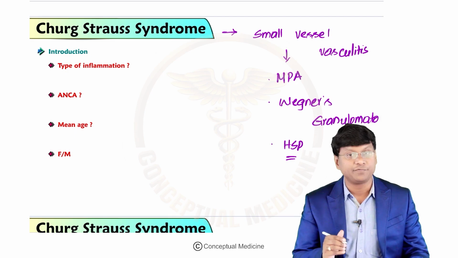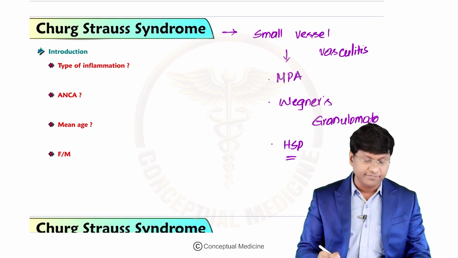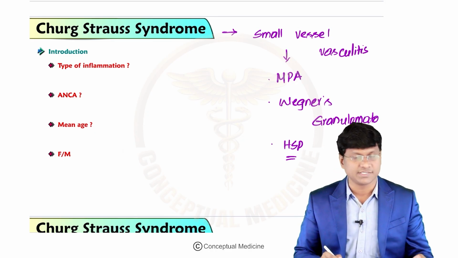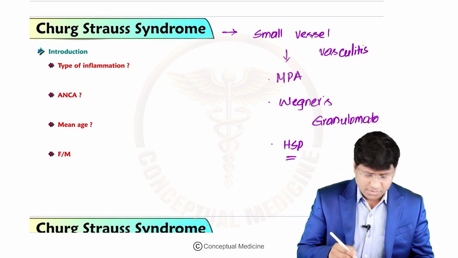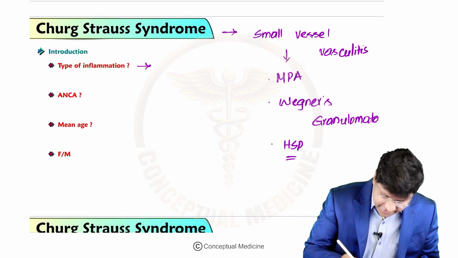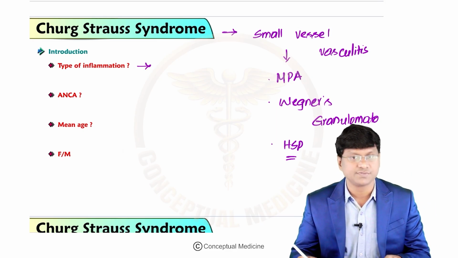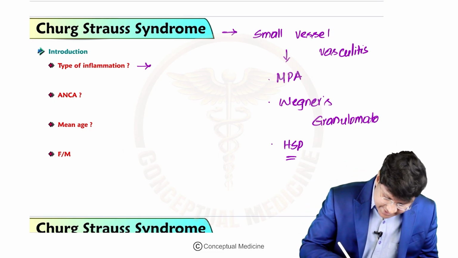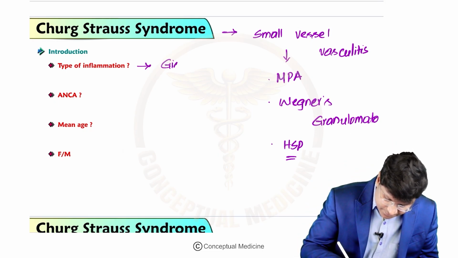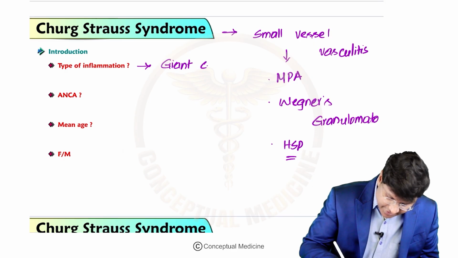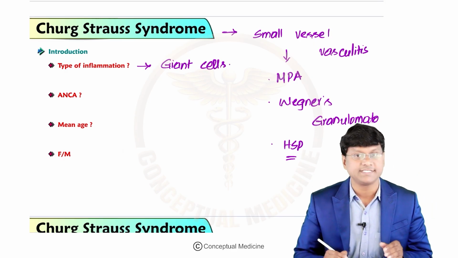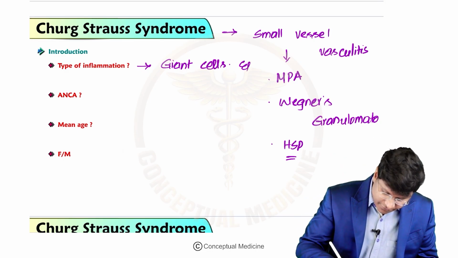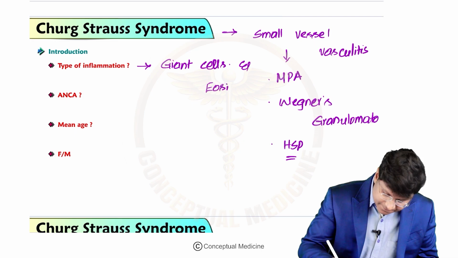And what is the type of inflammation in Churg-Strauss? Just now we have discussed that it is granulomatous inflammation. In this granulomatous inflammation, there is infiltration of the giant cells and infiltration of the eosinophils.